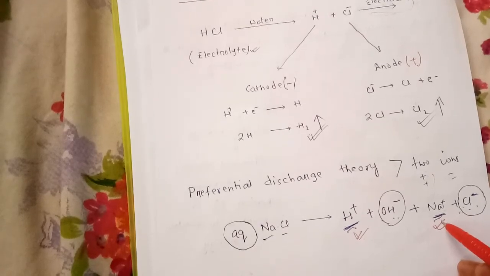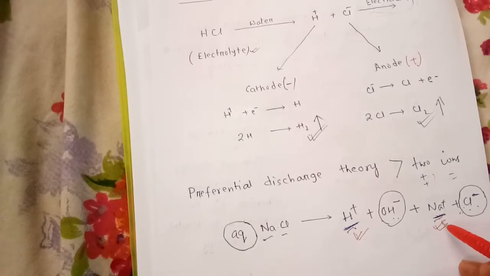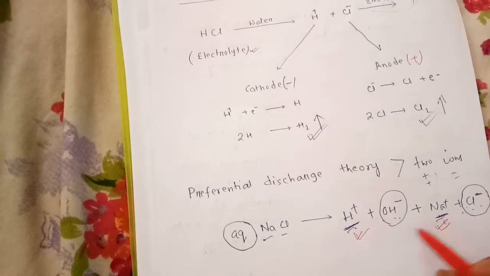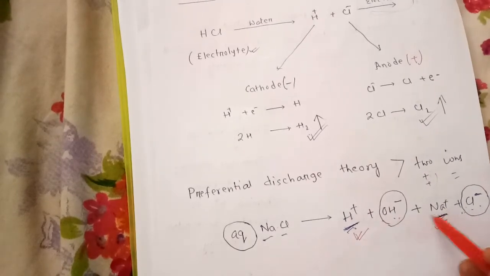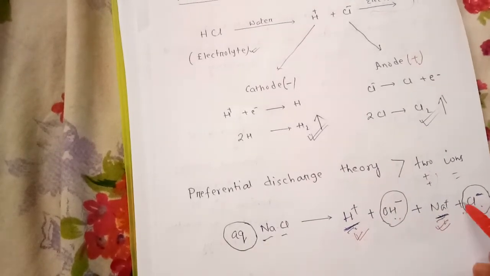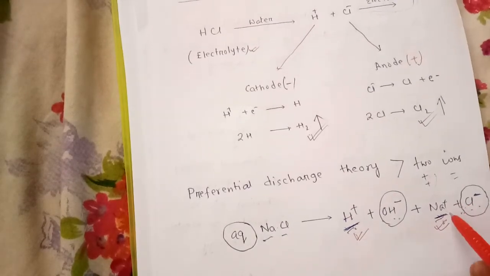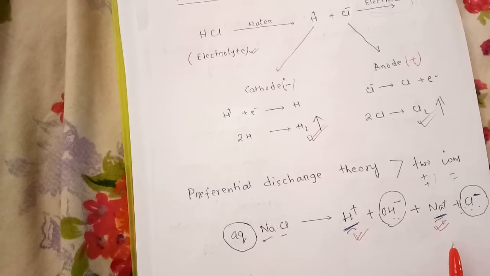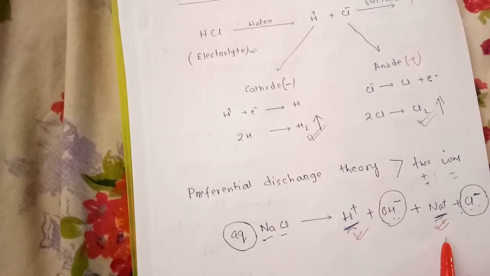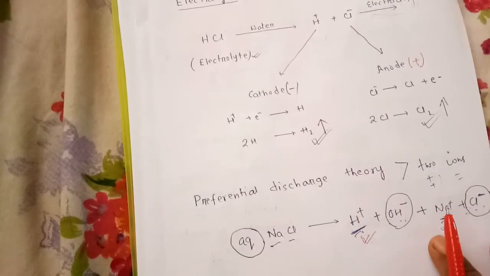less voltage, or least energy. Whichever has the least energy will liberate. Out of OH negative and Cl negative, both are not going to liberate. One will liberate which has less energy. So which one is less energy, which is more energy? It is governed by a theory called preferential discharge theory.